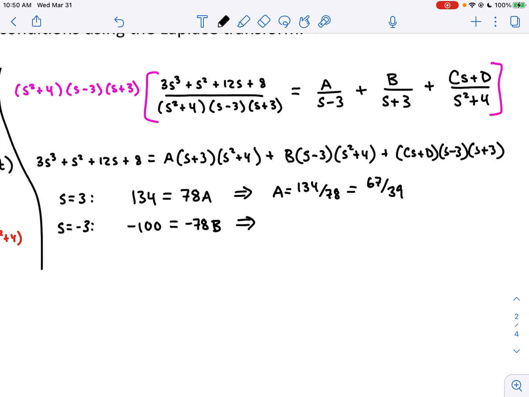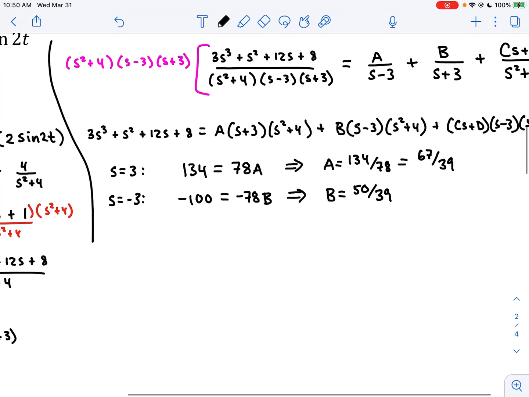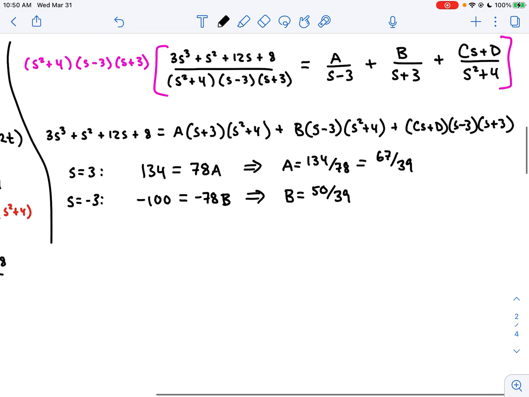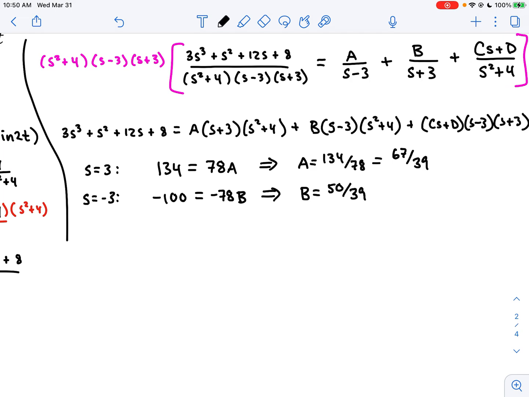And solving for b, we get b is positive 100 over 78, but 100 over 78 is the same thing as 50 over 39. So 50/39 is b. Now let's plug in 0. 0 is going to be a nice choice to cancel a few things here. We get a clean 8 on the left side.